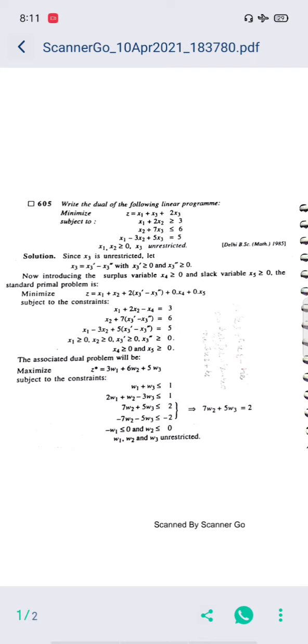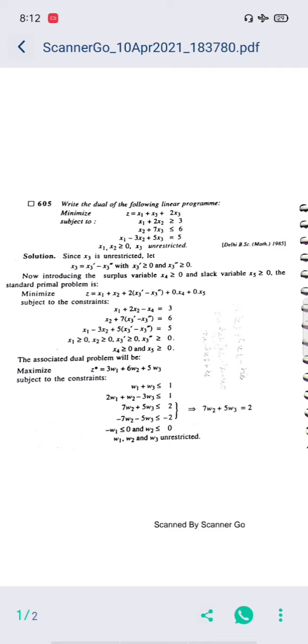Okay, now we know that the row coefficient of the primal constraints become the column coefficient of the dual constraints, or the column coefficient of the primal constraints become the row coefficient of the dual constraints, and we also know that the coefficient of the objective function in the primal problem become the RHS of the dual constraints.